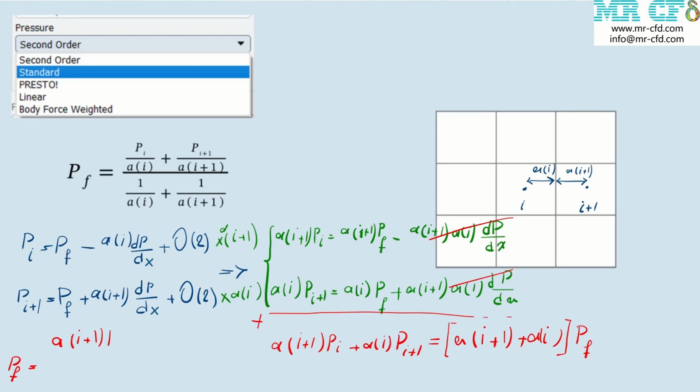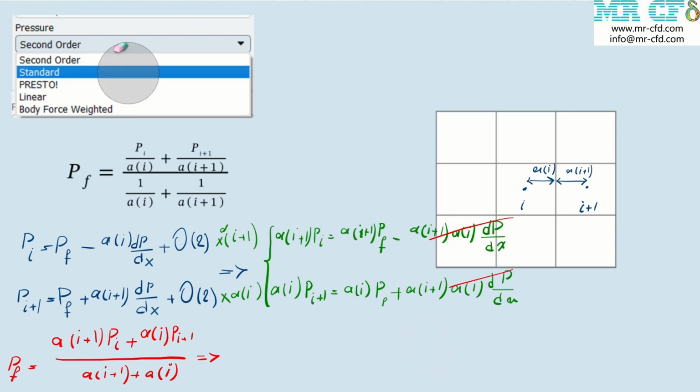Solving for P_F, we obtain this formulation. And by dividing the numerator and denominator by A_I plus 1, the final form will result.